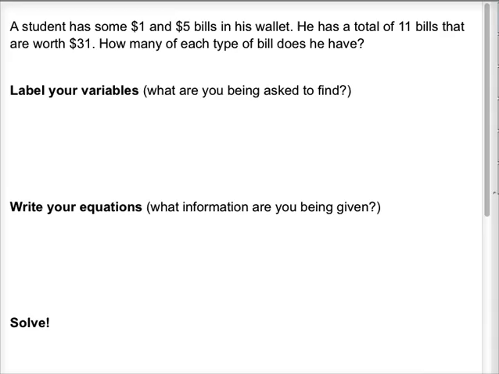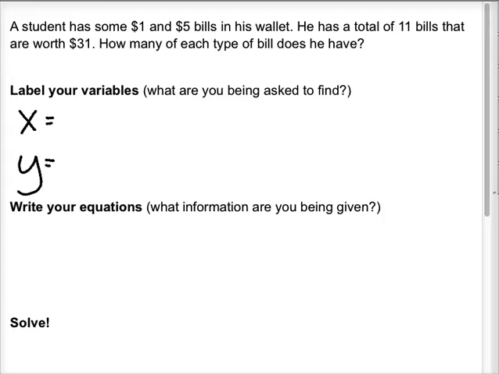Another one that you can see is dealing with money that you have. So a student has some $1 bills and $5 bills in his wallet. He has a total of 11 bills that are worth $31. How many of each type of bill does he have? All right, so again, the first thing you want to do is label.